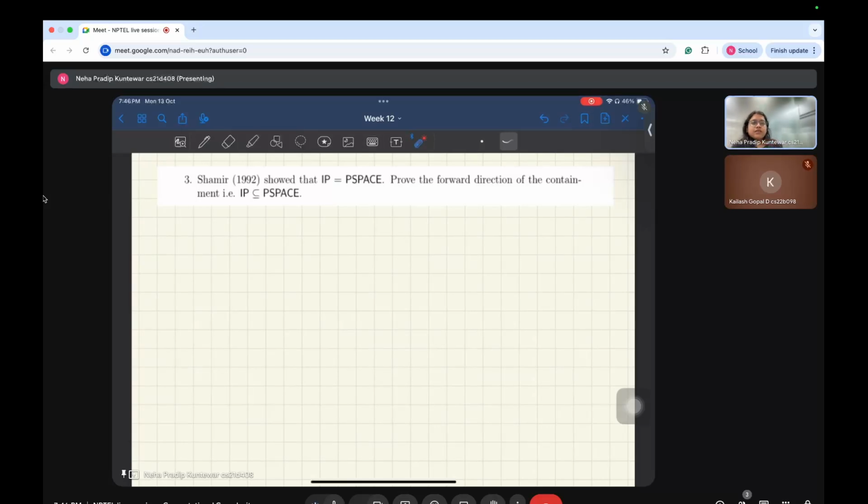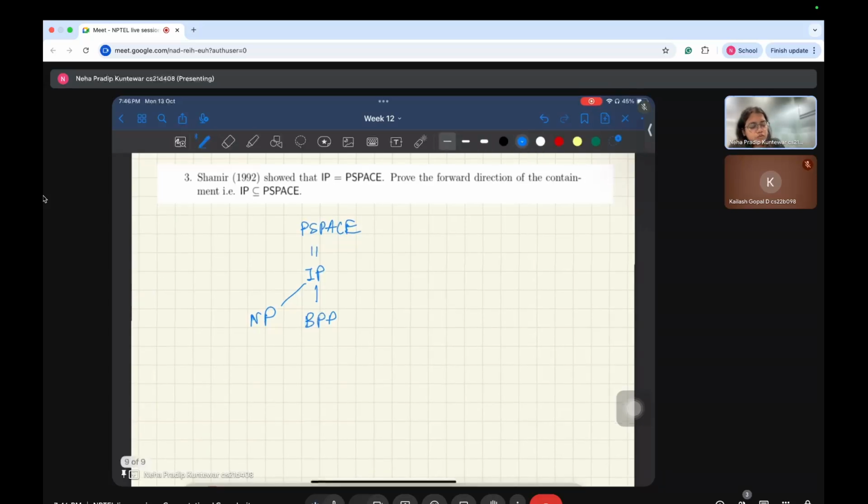Okay, that brings us to the third question. Recall that earlier we saw this diagram that BPP is contained in IP. IP also contains NP, and it turns out that IP is contained in PSPACE. In fact, these two are equal.